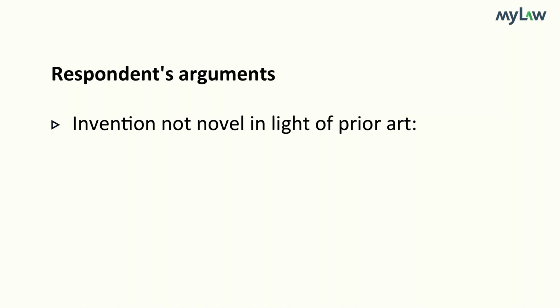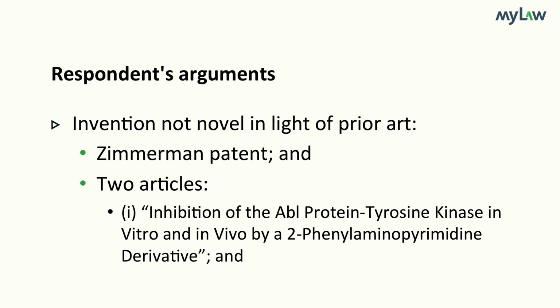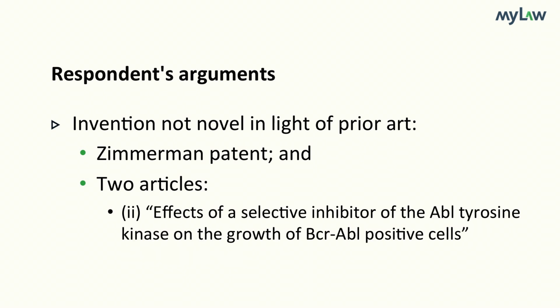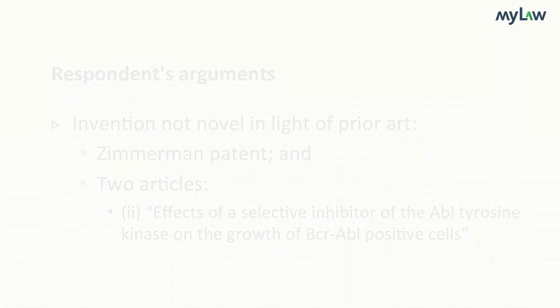The respondents, however, argued that the invention was not novel due to the three prior arts that were available. The three prior arts are the Zimmermann patent and its prosecution history, and two articles earlier published. The Supreme Court analyzed all the three prior arts.